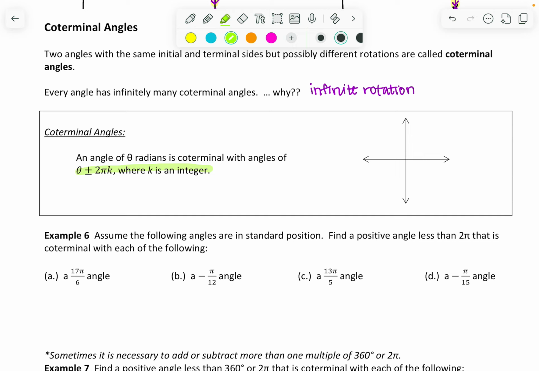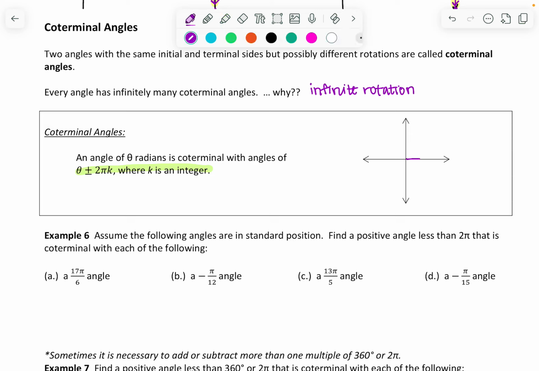We said periodic functions are functions that have a repeating pattern over an interval that repeats over and over and over again. Well, if I am rotating around a circle, I have my starting point. I'm going to rotate and eventually get back to where I started. And if I keep rotating, I'm just going to repeat that rotation over and over and over again. So I can start anywhere on the circle.